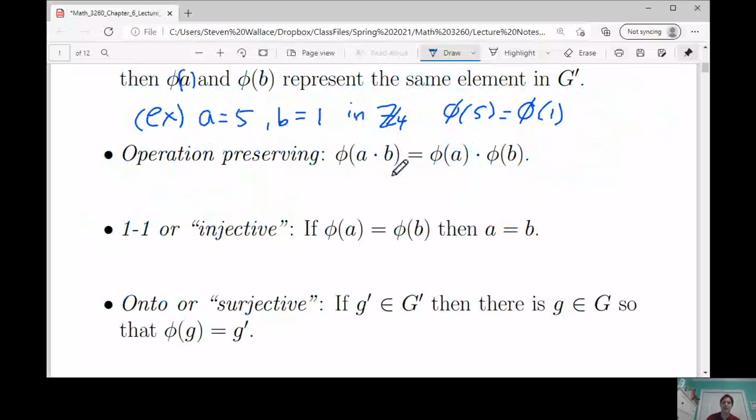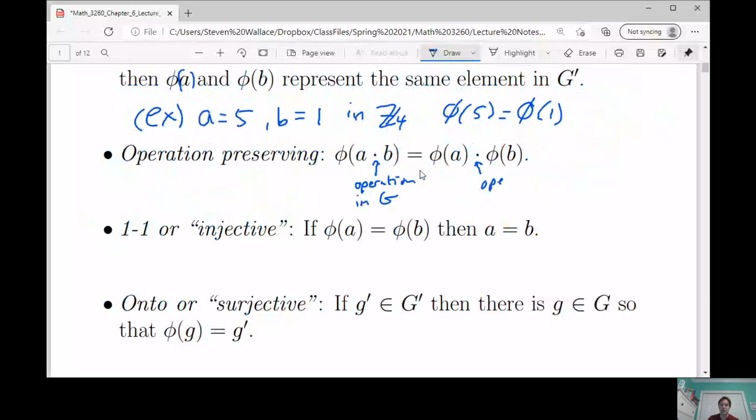This is the operation in G, operation or multiplication in G. This is now the operation or multiplication, however you want to call it, in G prime.